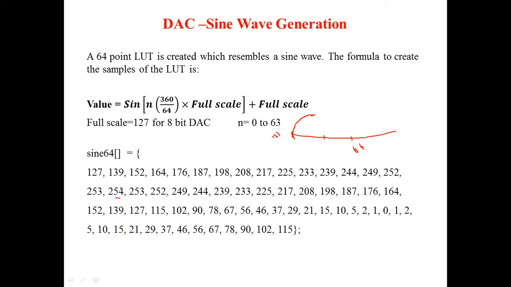Then from 17, 18 onward it starts to decrease and reaches 127 again. Then it decreases to 0, and again increases back to 127. This is the way this data set generates the sine waveform. You have to use this data set in your program.